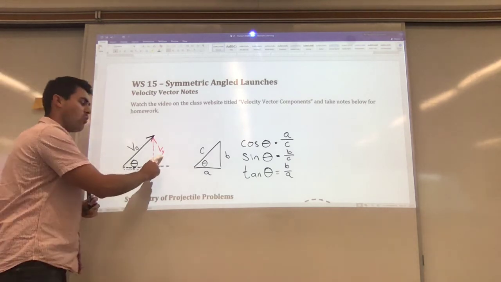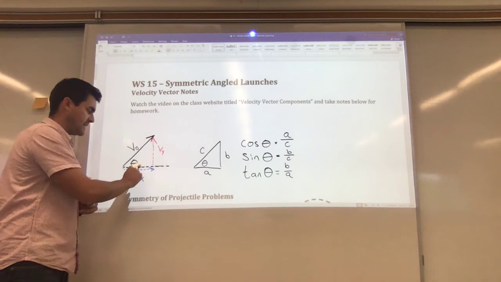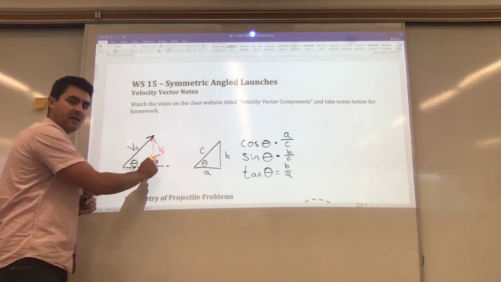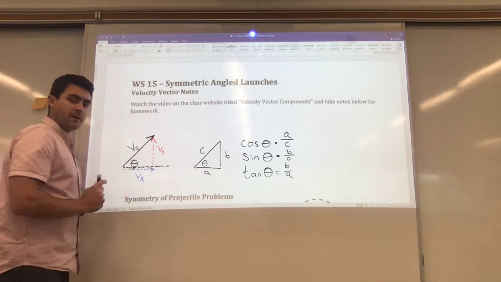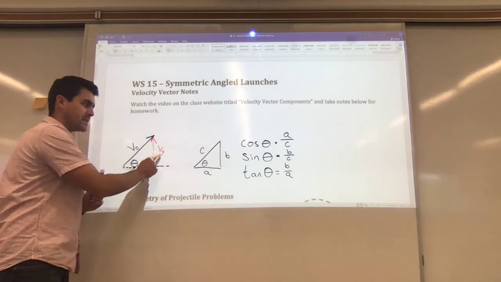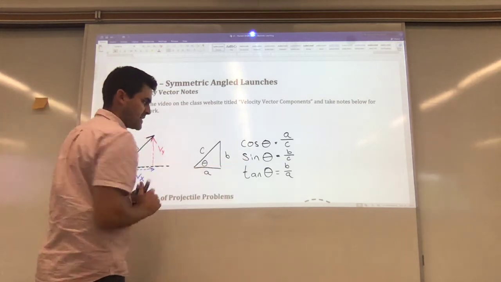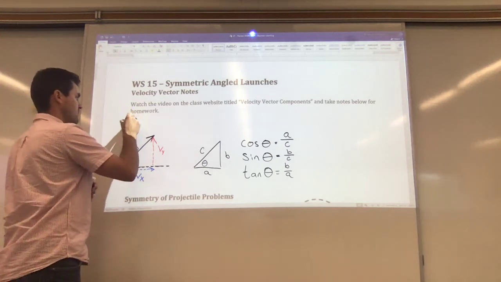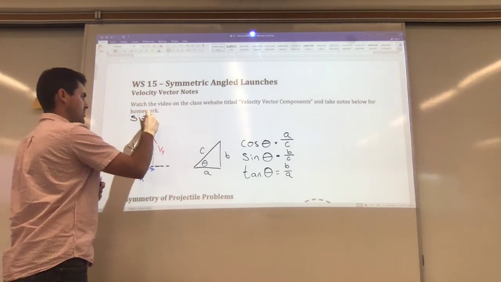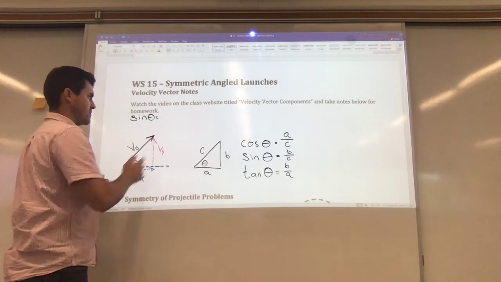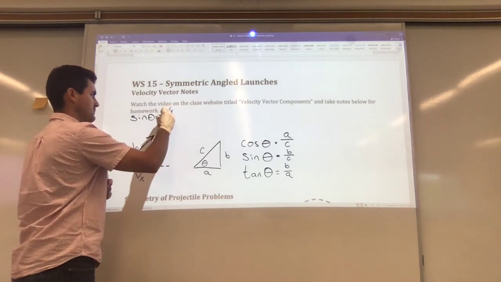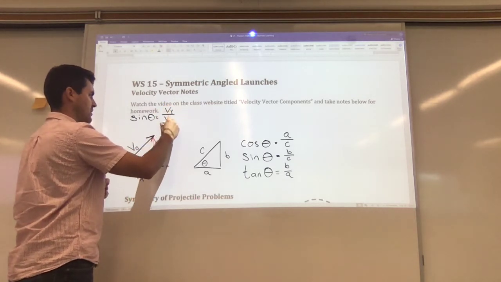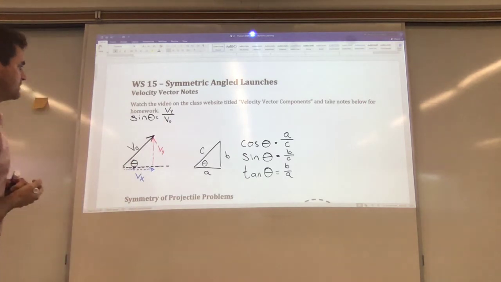Let's look. Vy exists on the opposite side of the triangle from my theta. So the opposite side must mean I'm using a sine function to figure out my Vy. So sine theta of this triangle is going to be equal to Vy over the hypotenuse, which is initial velocity, or V0.